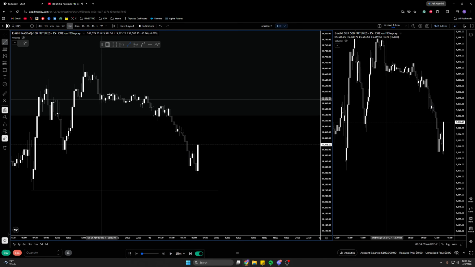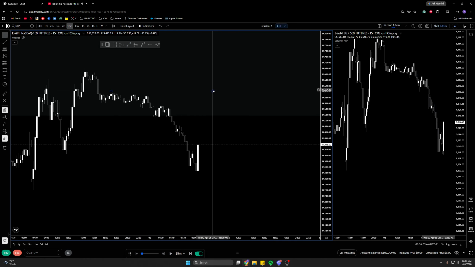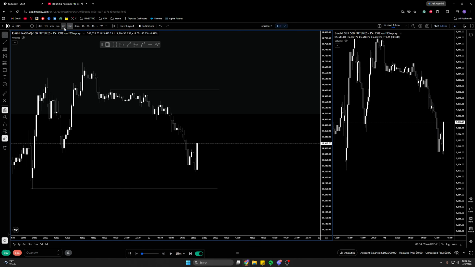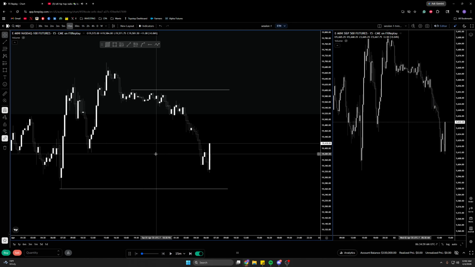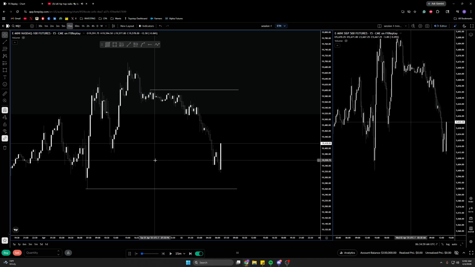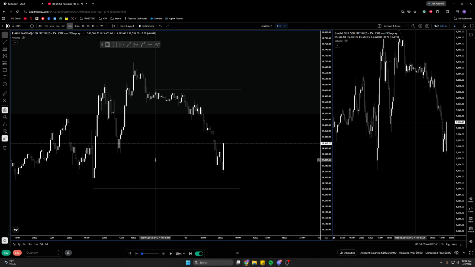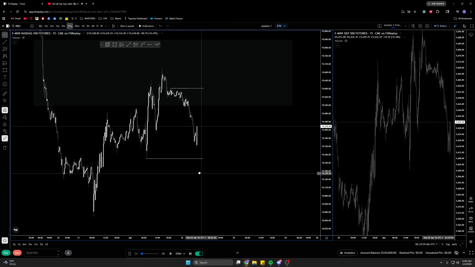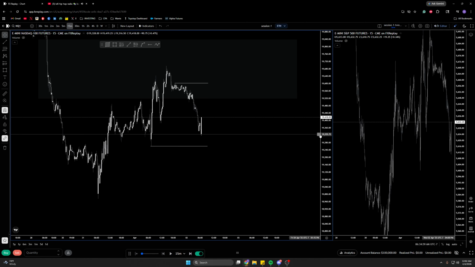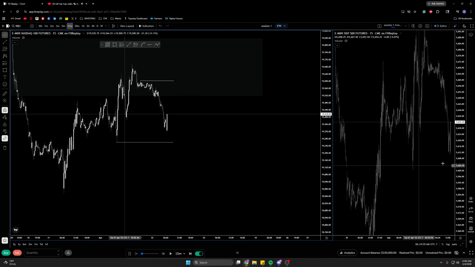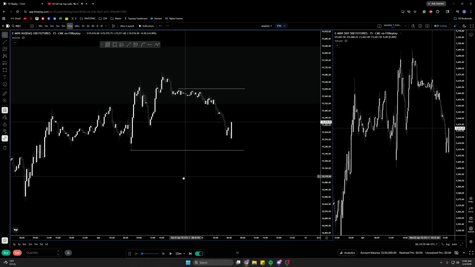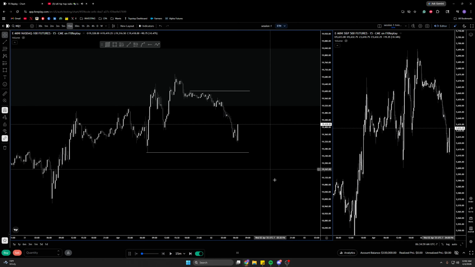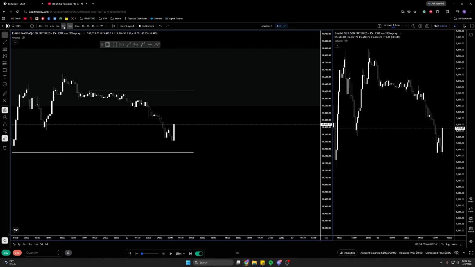This also could be buy side here. There's no SMT or anything for longs here either. So let's go ahead and just play it out.